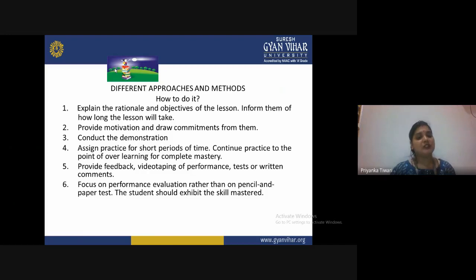Provide feedback through video taking of performance, tests, or written comments. Focus on performance evaluation rather than on pencil and paper tests. The student should master the skill.